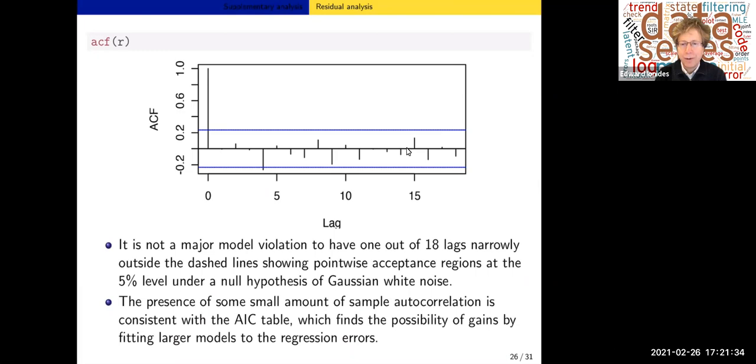One lag is just outside, but it's not a major violation to have 1 out of 18 lags narrowly outside under the null hypothesis of Gaussian white noise. And it may not surprise us that there's some very small indication that there might be room for improvements over an AR1 model for the errors, because we know from the AIC table that the bigger models can find some advantage. They can find something to fit.